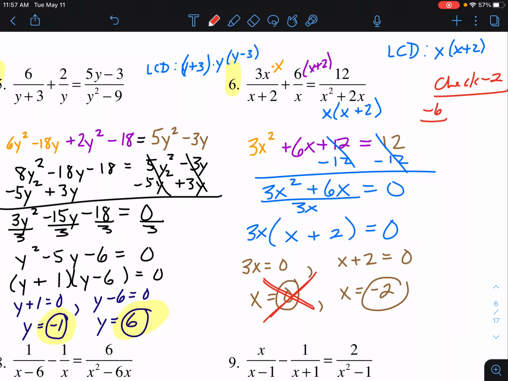And the denominator, negative 2 plus 2 is 0. We have another error here, okay? So negative 2 does not work out. We have another extraneous solution here. So this problem, you actually have no solution. No solution. And that's the end of part 2.